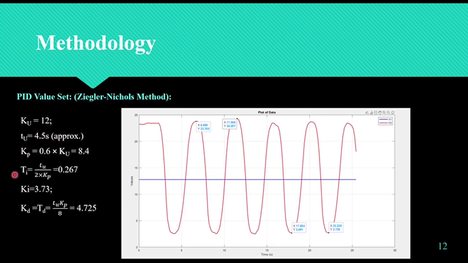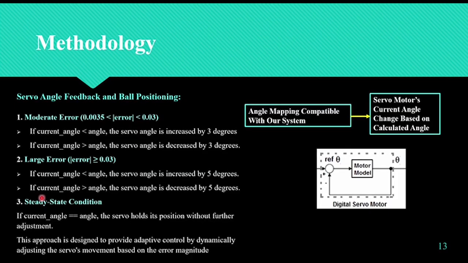Using these equations, we have calculated the values of Kp, which is 8.4, Ki, which is 3.73, and Kd, which is 4.725. This part of the control system adjusts the servo angle based on the error between the ball's position and the set point.